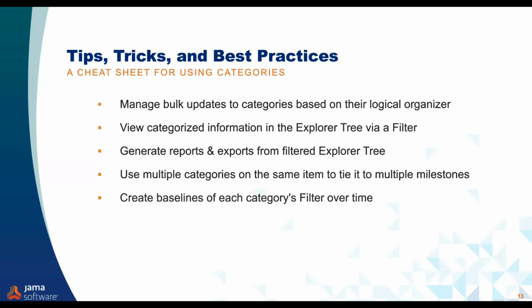So if one item is going to be delivered at the first milestone, and you want to continue to deliver it at the next milestone, you simply add both categories to it. And finally, you can always create baselines of everything filtered. So these filters that we're going to use to narrow down the Explorer tree are also going to be very, very useful for baselining, for exporting, and for a number of other things.